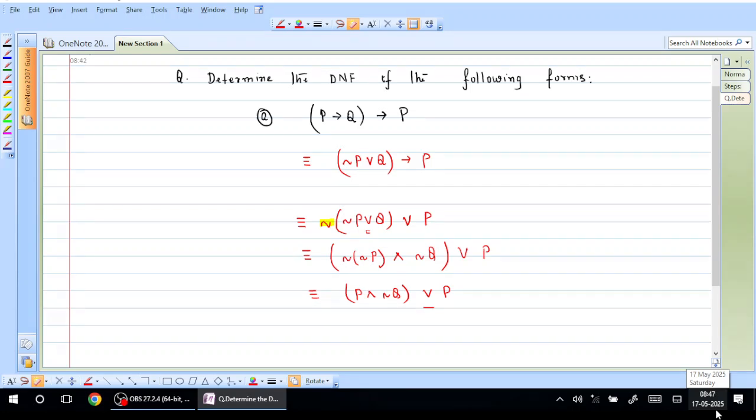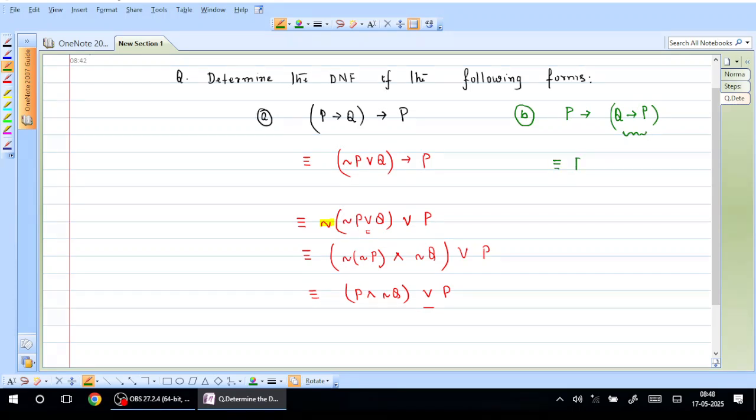Let us see another one. I will go for the next question. Suppose I have another question, and let us see how we can handle it. P implies, then I have Q implies P. P implies Q implies P. So first of all, I will handle this conditional.